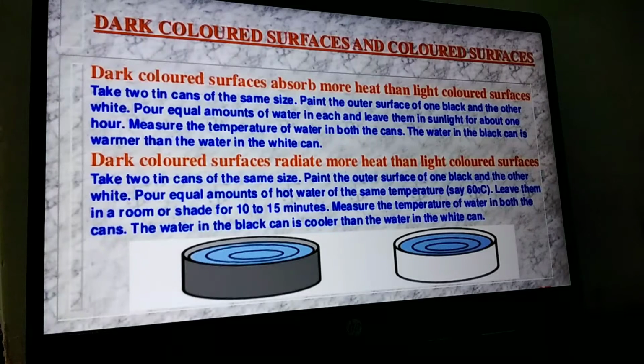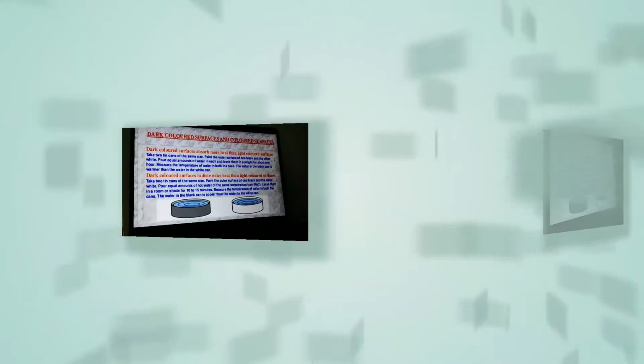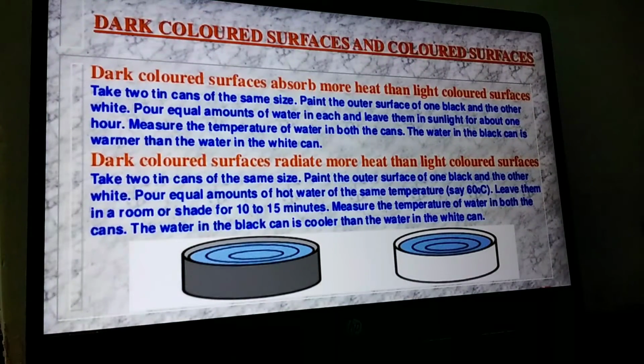The dark color surfaces radiate heat more than the light color surfaces. Now, the same activity you have to repeat by pouring equal amount of hot water of the same temperature, 60 degrees centigrade, and leave them in a room or a shade for 10 to 15 minutes and measure the temperature of the water in both the cans. The water in the black can is cooler than the water in the white can.